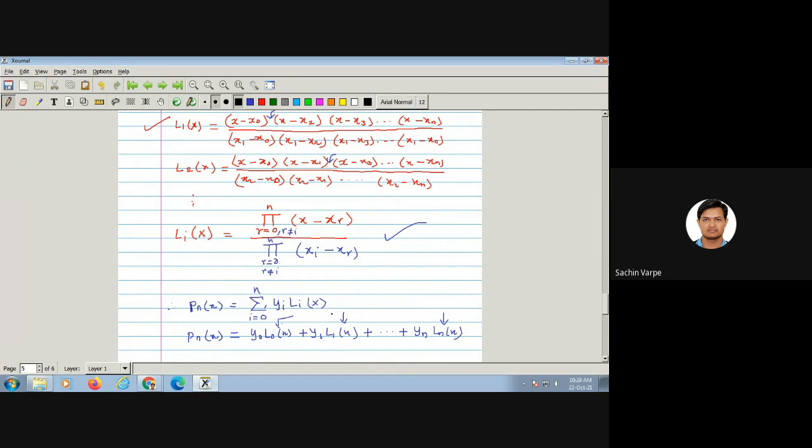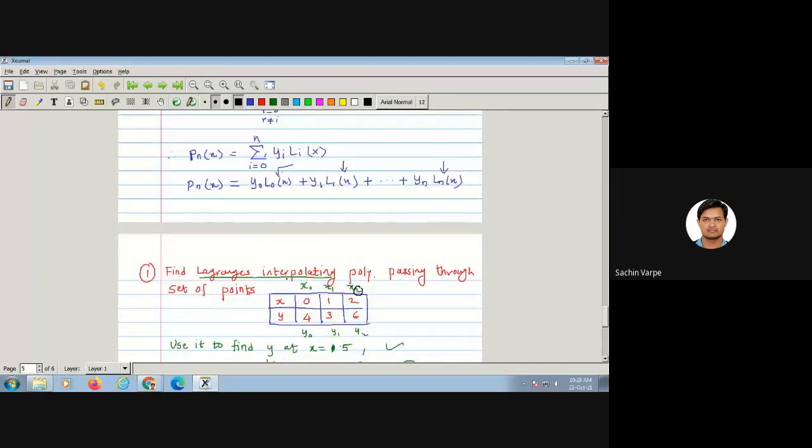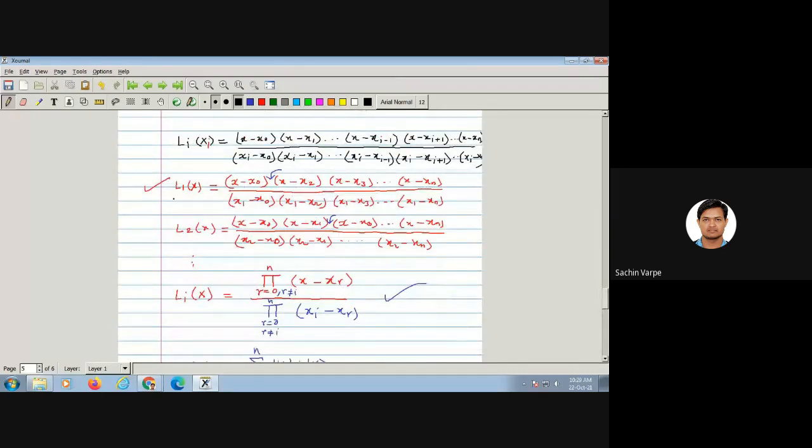This is actually a polynomial formula. Pn of x is y naught L naught plus y1 L1 plus y2 L2, where L naught, L1, L2 I have defined like this. While defining L1, I'm excluding the x minus x1 term from the numerator, because if I consider it, I'll get the denominator 0, and that I don't want. While defining L0 I'm excluding x minus x0.